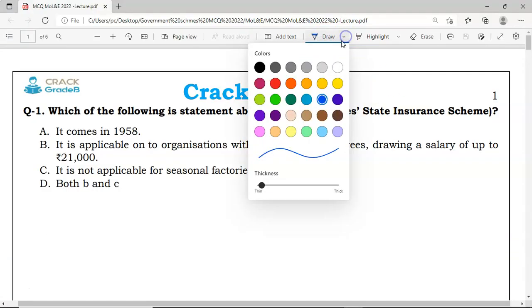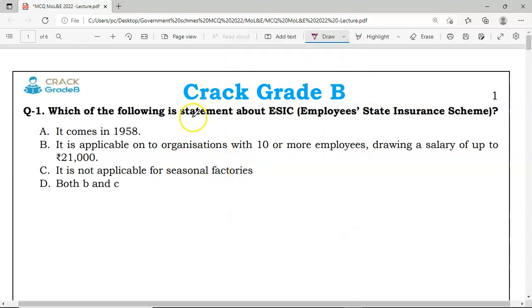Our first question is, which of the following statements about the Employee State Insurance Scheme is true?